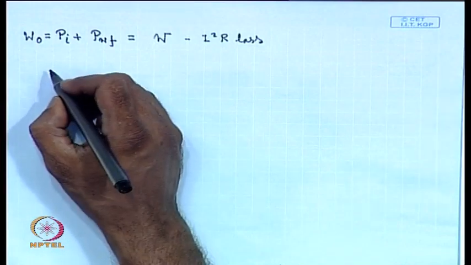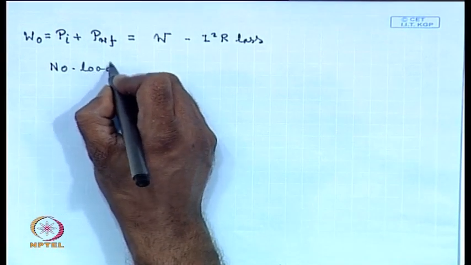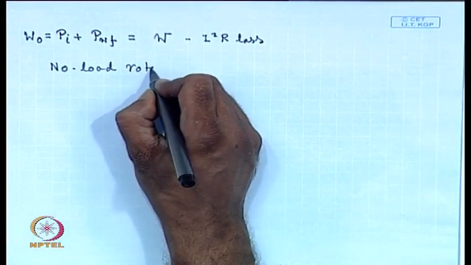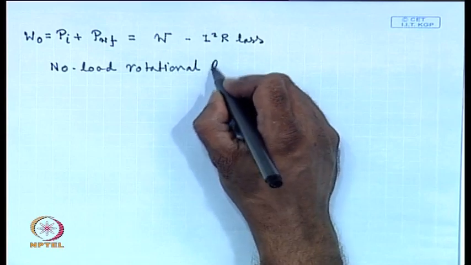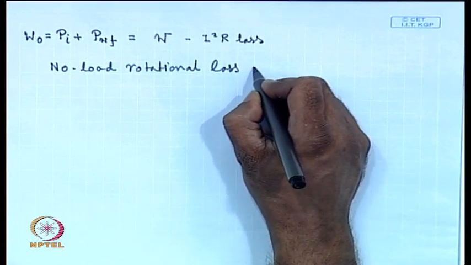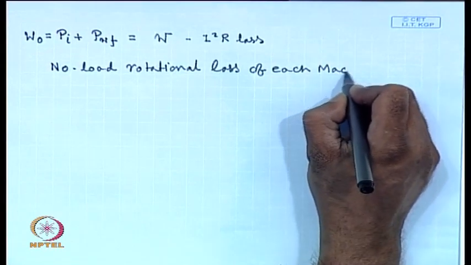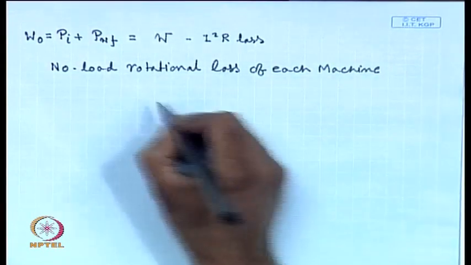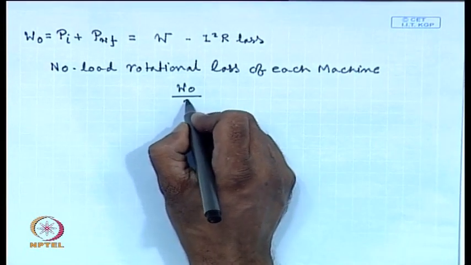Since these are identical machines, the no load rotational losses of each machine will be W 0 by 2.